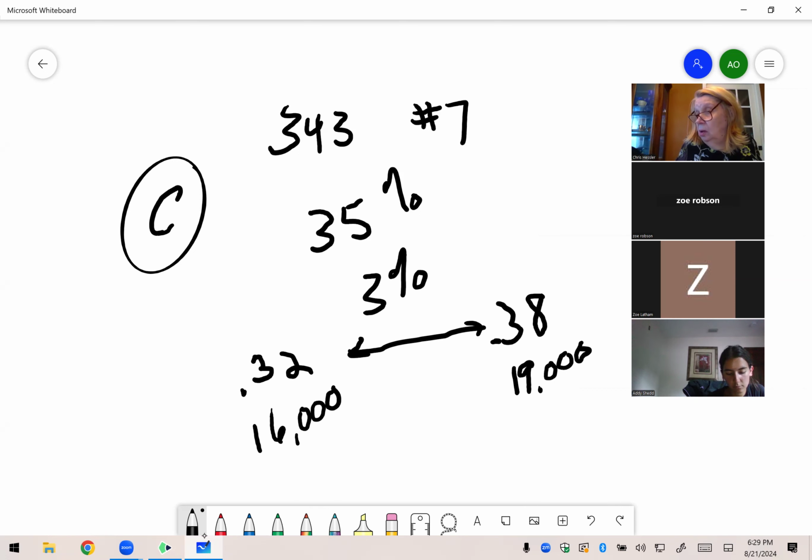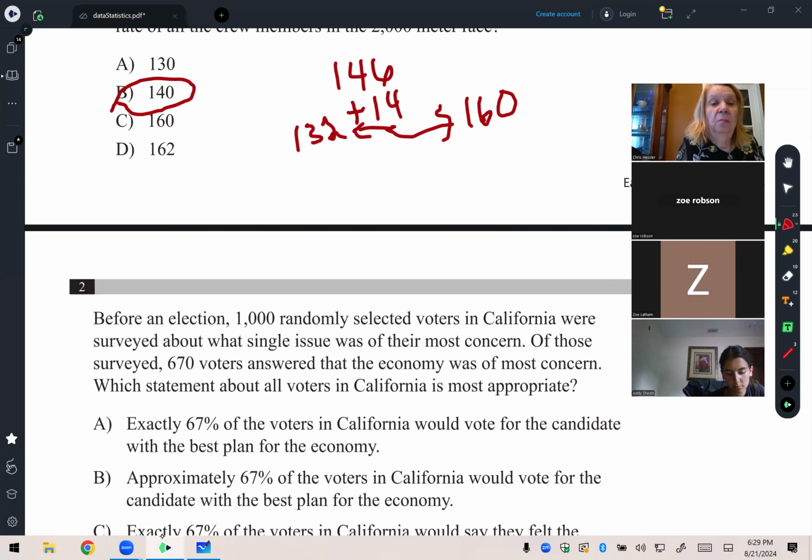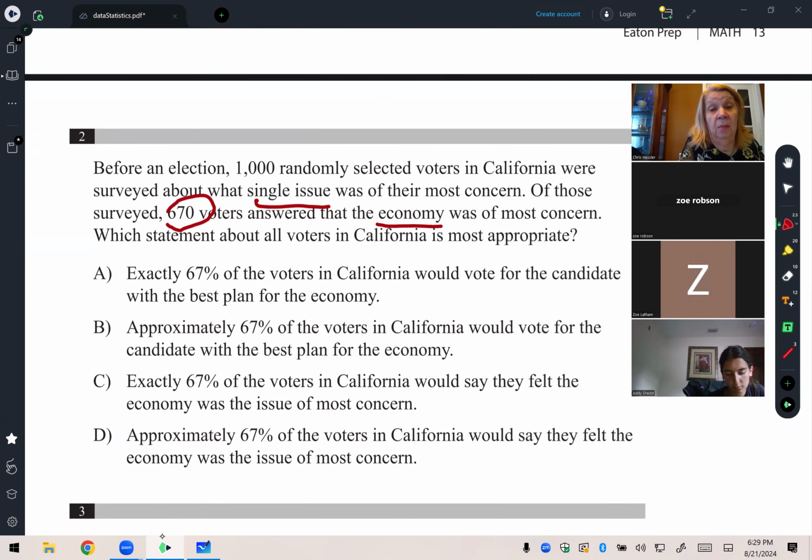Okay, I want to do the last page of the packet and then a couple other problems. So this one. Before an election, 1,000 randomly selected voters in California were surveyed about what single issue was of their most concern. Of those surveyed, 670 voters answered the economy.